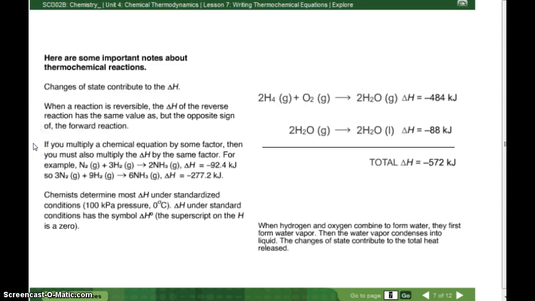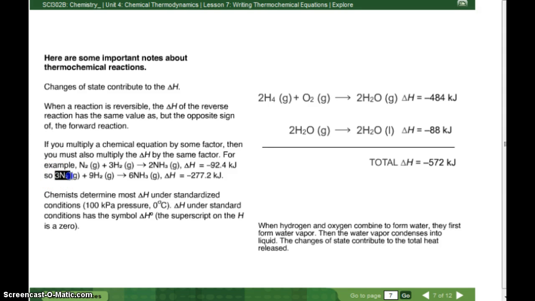If you multiply a chemical equation by some factor, then you must also multiply the delta H by the same factor. For example, nitrogen gas plus hydrogen gas yields 2NH3 gas, and the delta H is negative 92.4 kilojoules. So let's say I multiply this by 3. So I have 3 times as much of a reaction.